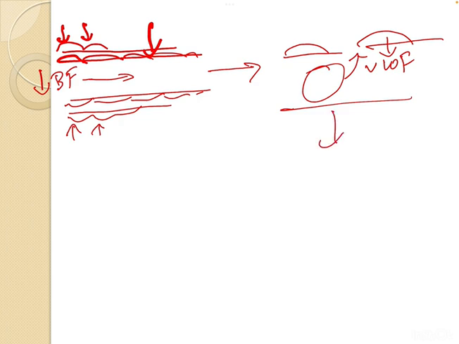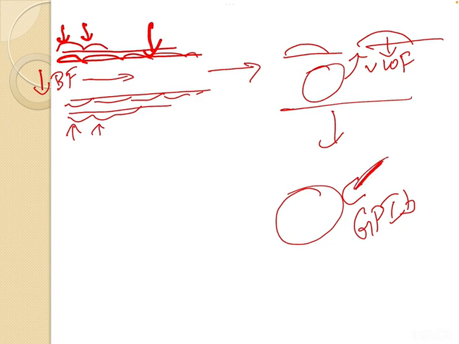The platelet has a receptor for binding von Willebrand factor, known as the glycoprotein 1b receptor. So through von Willebrand factor, the glycoprotein 1b receptors adhere to the injured area.